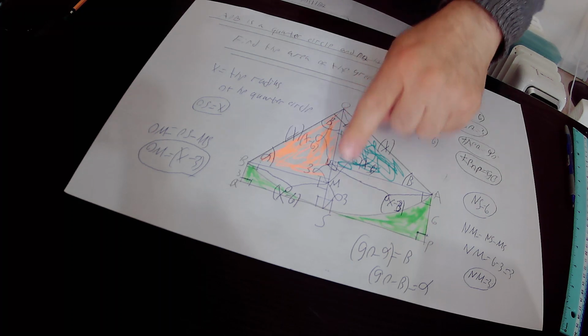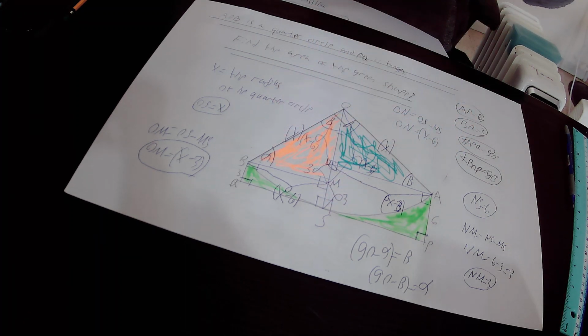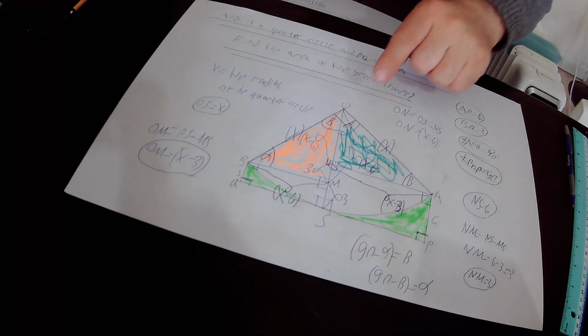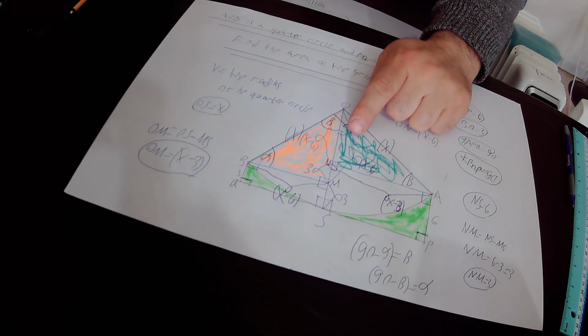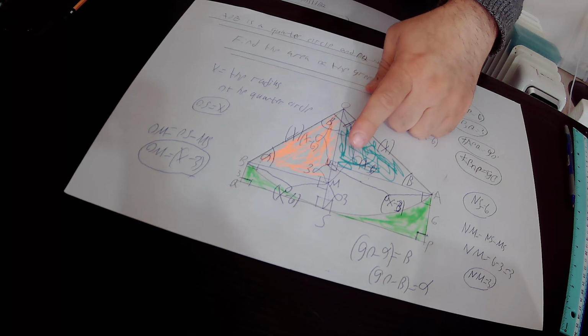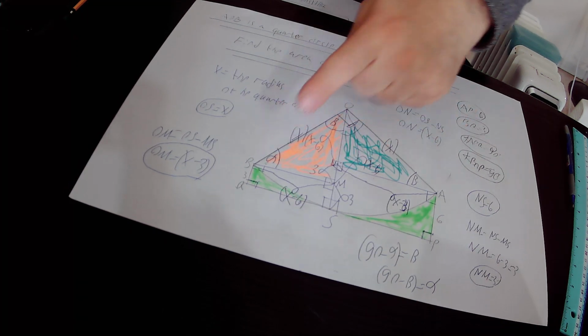So we found out that OS is parallel to BQ, and therefore quadrangle OBQS has one pair of parallel lines. That is to say, OS is parallel to BQ.